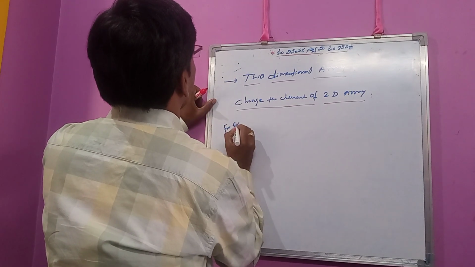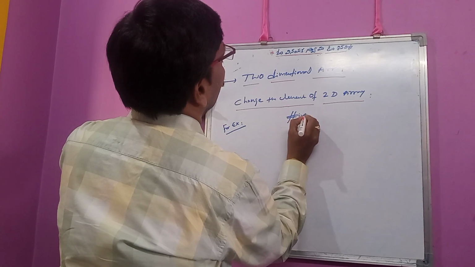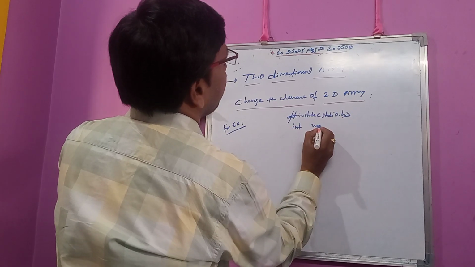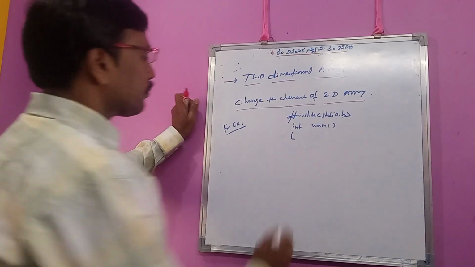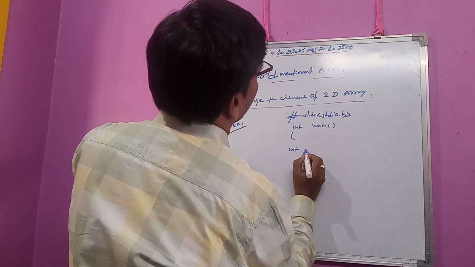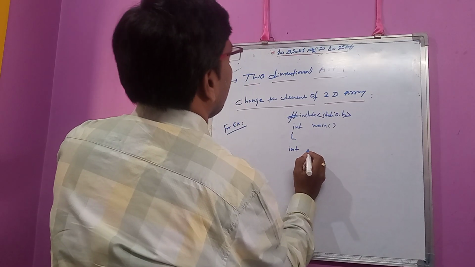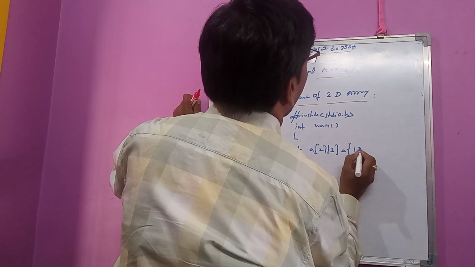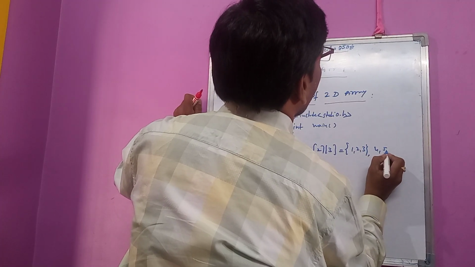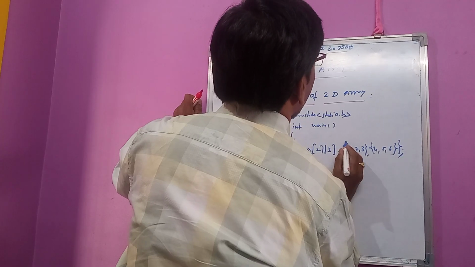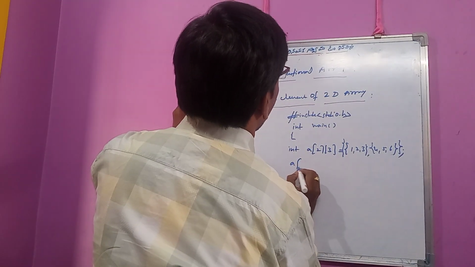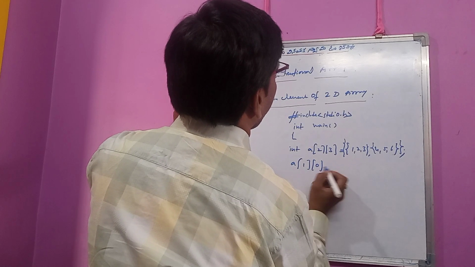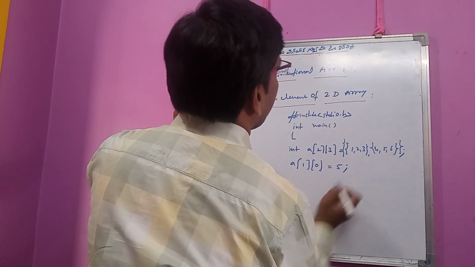For example, hash include stdio.h, int main, open brace, int a of 2 by 3 equal 1 comma 2 comma 3, 4 comma 5 comma 6, close the flower bracket. A of 1, 0. Now the element changes.